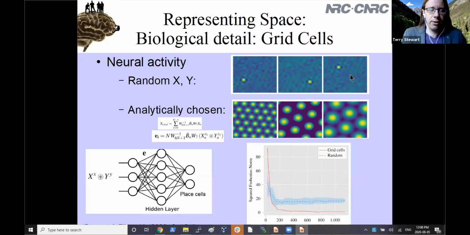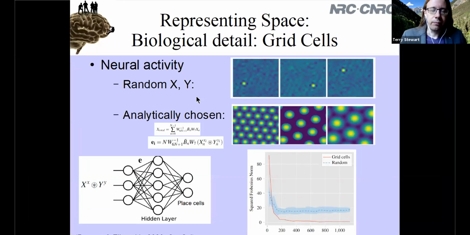They look closer to place cells. But if you choose X and Y carefully, and choose this front layer of your inputs into your neural network carefully, it's relatively simple analytics, you get perfectly beautiful grid cells.